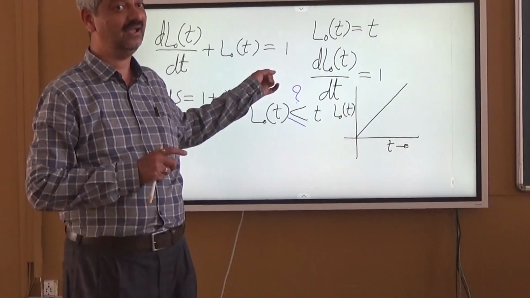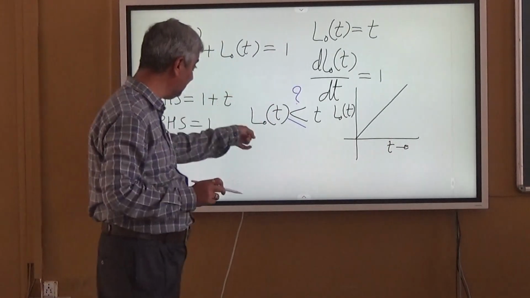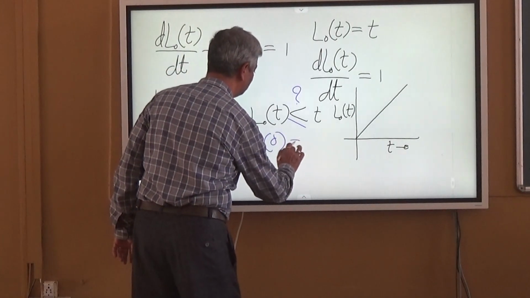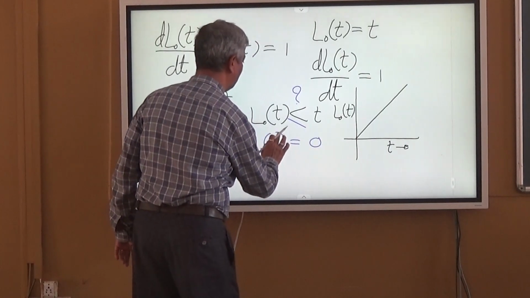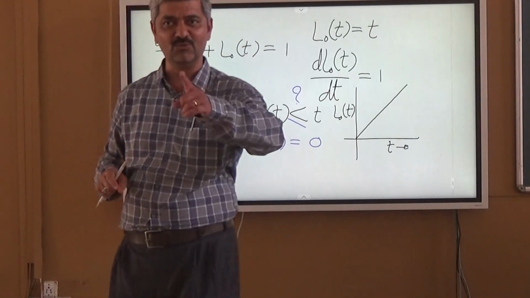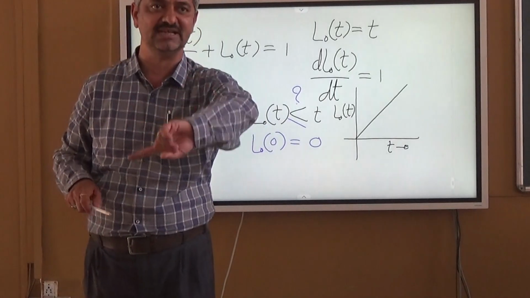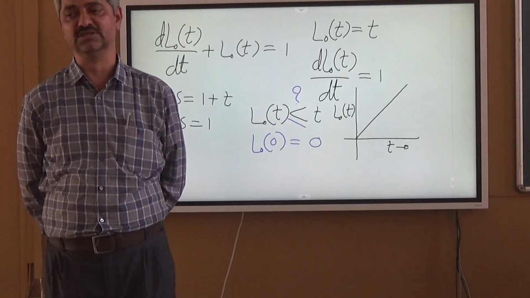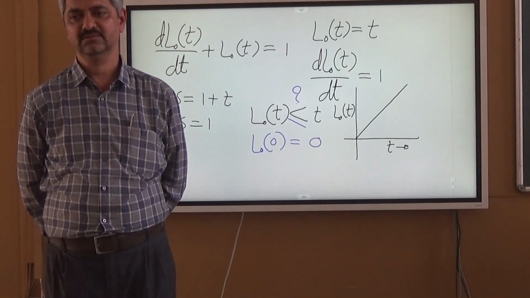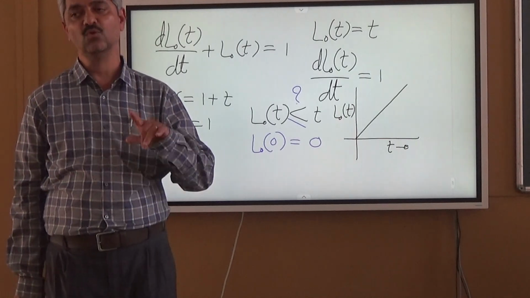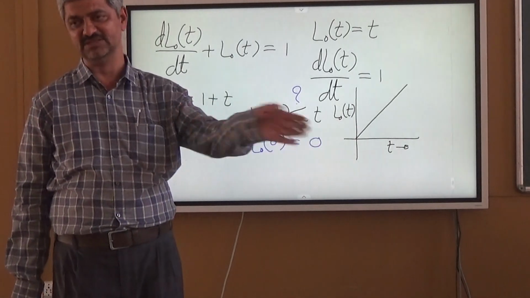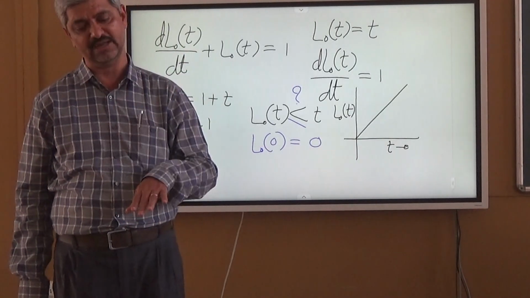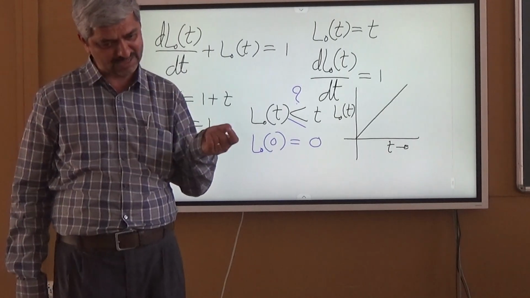Because at t equal, LOT is less than or equal to t, and so the equation cannot have any constant. If only t is there, meaning 1 plus t, 2 plus t, it can't have any constant. Actually, it can have a constant. In fact, the actual answer has got a constant.